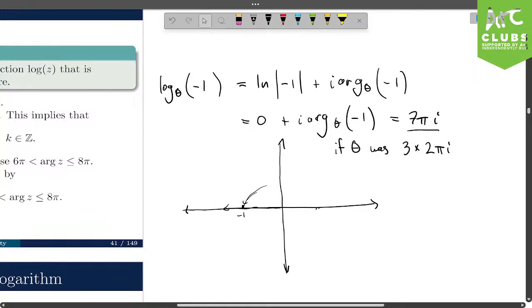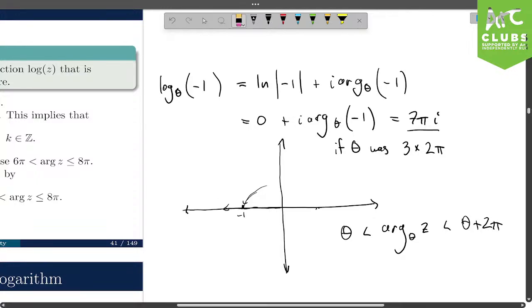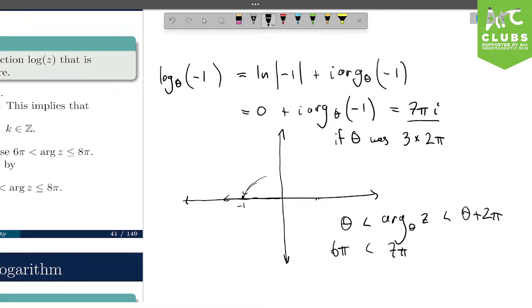Because in that case, we have that theta is less than arg theta z is less than theta plus 2 pi, right? Because this would be 6 pi, this would be 7 pi, and this would be 8 pi, right? So that's satisfied.